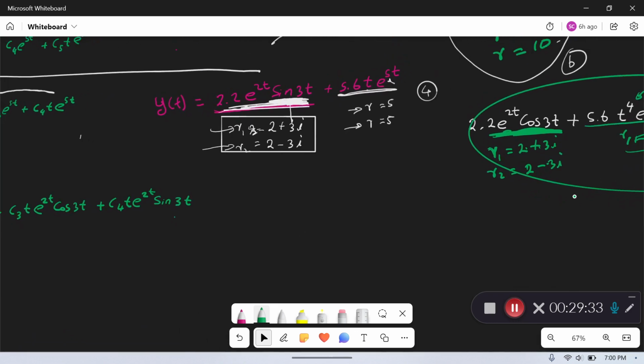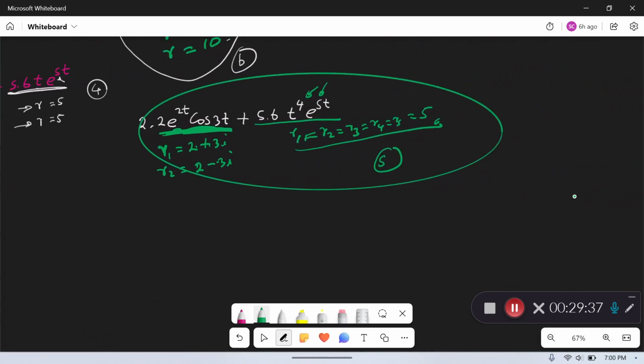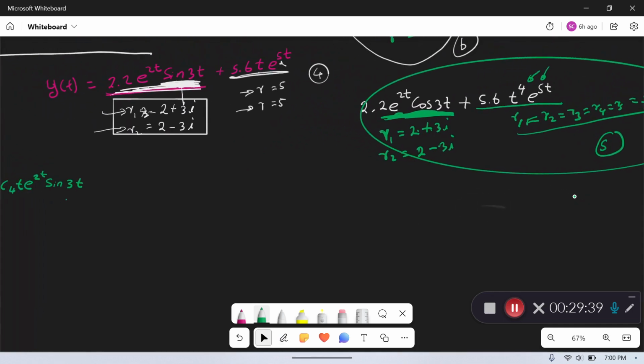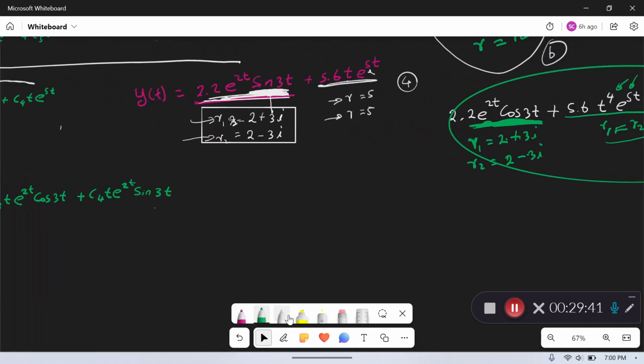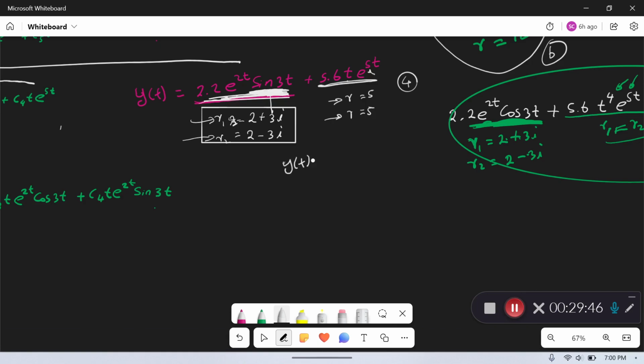Right. And one more thing. How about something like this? Say you have y(t) equals 2.2 sin 3t and 5 t e^5t.